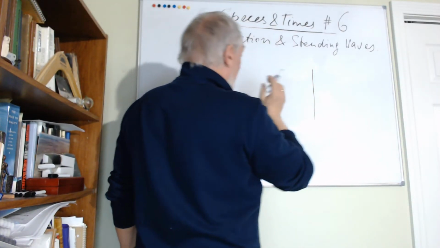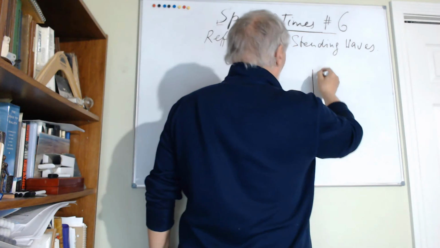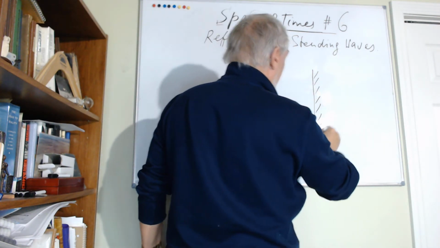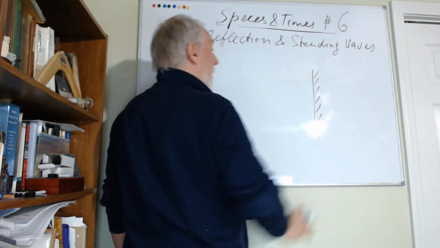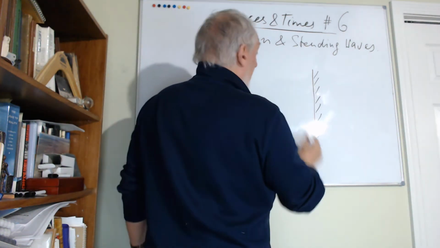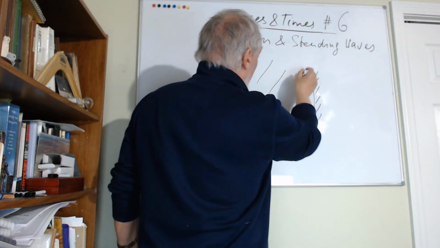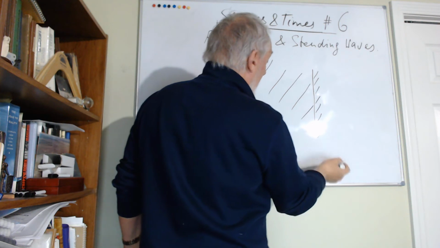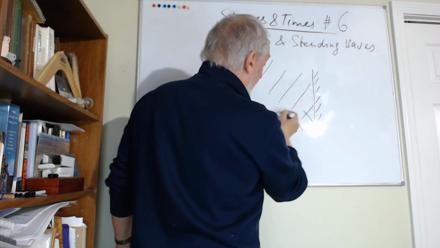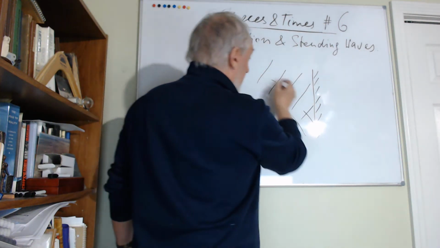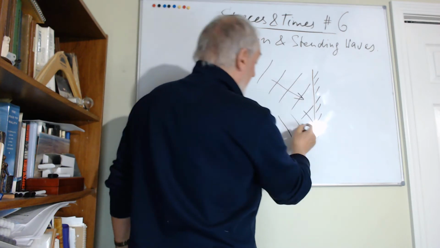If you look at a wall in the ocean, like a wave breaker, and you see the waves coming like this, you may notice that there are also waves going like this. So this is the falling wave and this is the reflected wave.